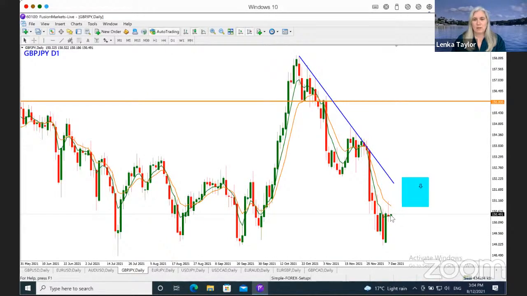So where we are on the daily, I'm looking for a pullback into this entry zone, and then I would be looking for a price action, something that will reverse, and looking for a short at that point.